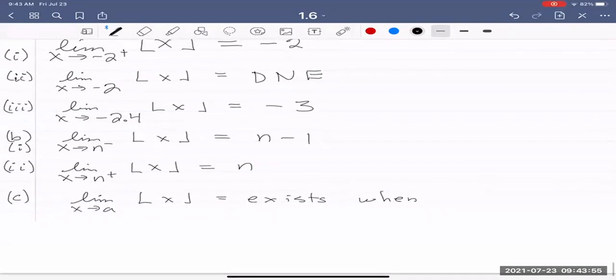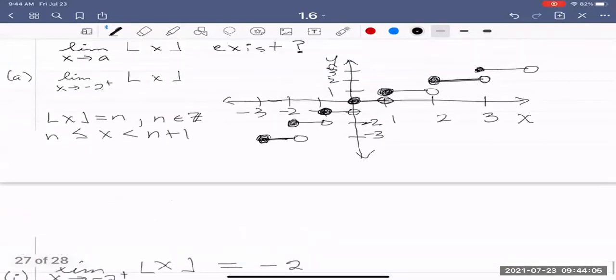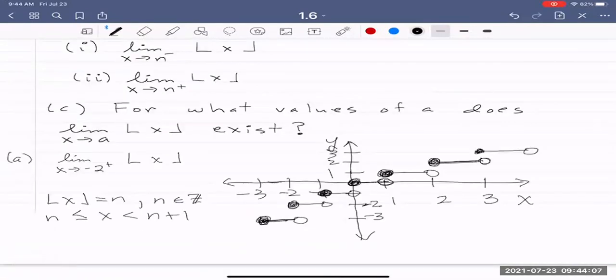Notice that if I take an integer value, it's not continuous. There are these jumps at all integer values.